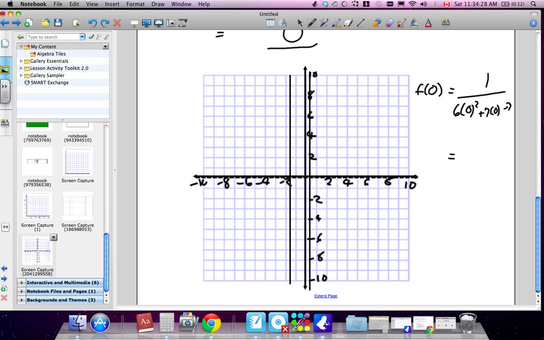So we get 1 over 0 plus 0 minus 3, 1 over -3. So our y-intercept is 0 and -3, or -1/3, which again is down here.